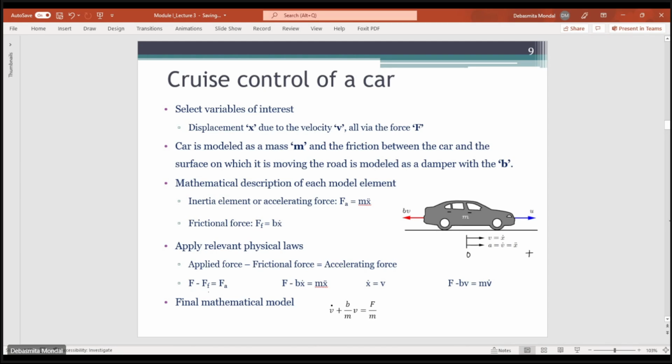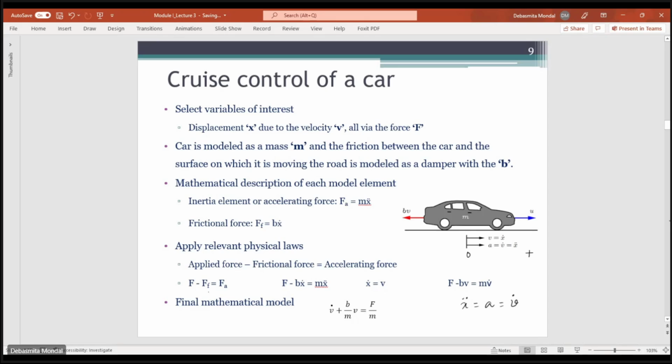Now x dot is nothing but velocity, and x double dot is the acceleration, which you can write as the derivative of the velocity. So from this equation, you can find the final mathematical model. You can write F minus B into V equals M into V dot.